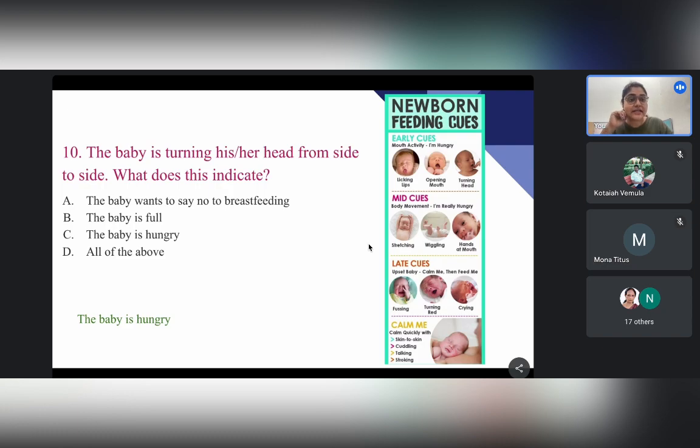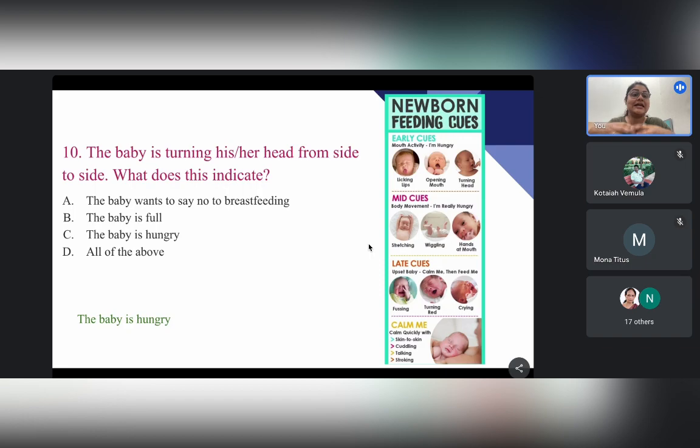We have already discussed these hunger cues in our previous session as well, where we saw that when the baby is not fed immediately, the baby starts showing different signals. The baby becomes agitated, starts stretching, squirming, and putting his or her hands in the mouth.